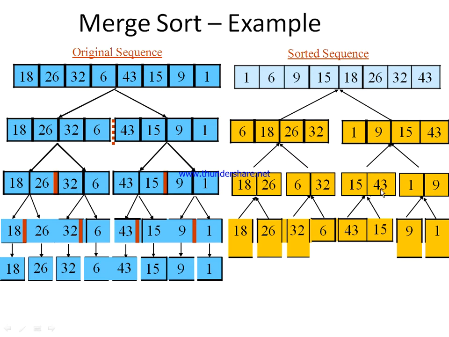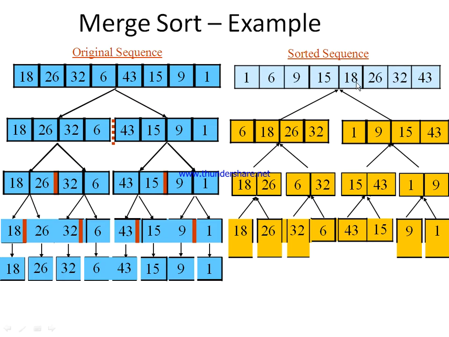Next 15 with 9, so 9 is swapped. In the first iteration 1 and 15 are swapped, and next 15 with 43, 43 stays in its position. Next 9 with 1, no swapping, next 9 with 15. So the list is 1, 9, 15 and 43.